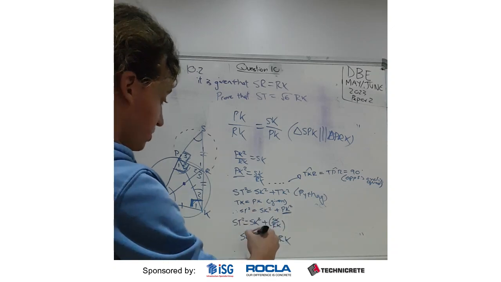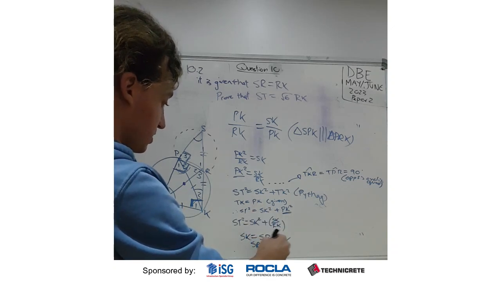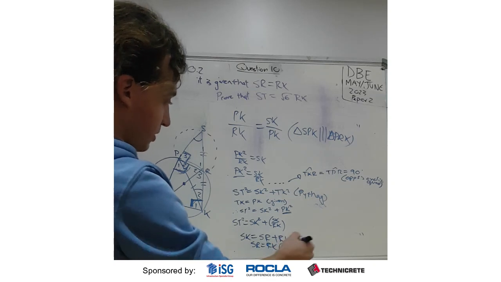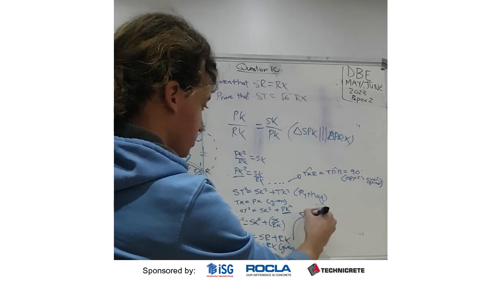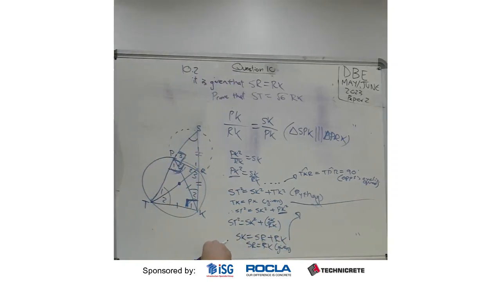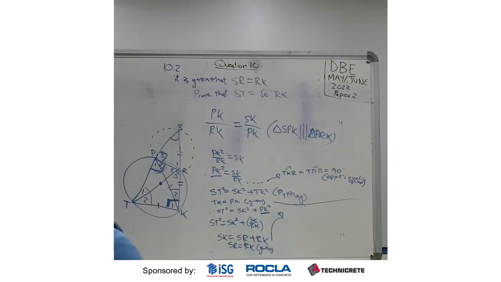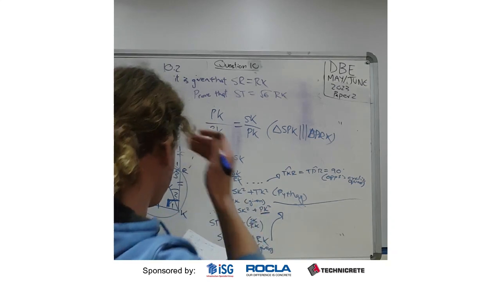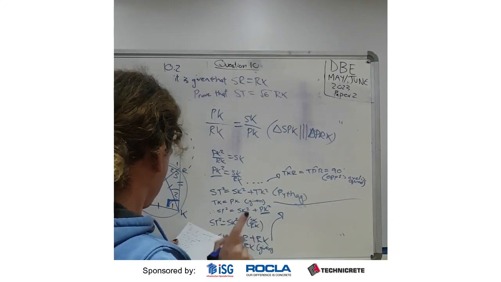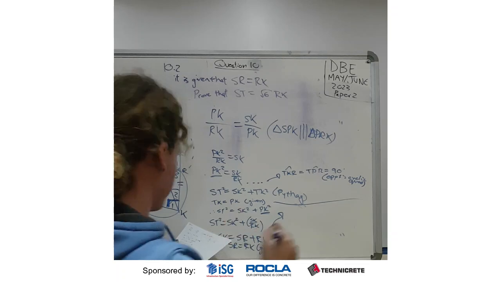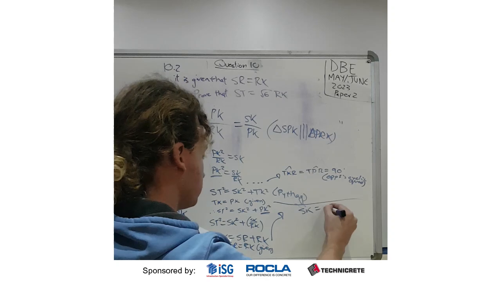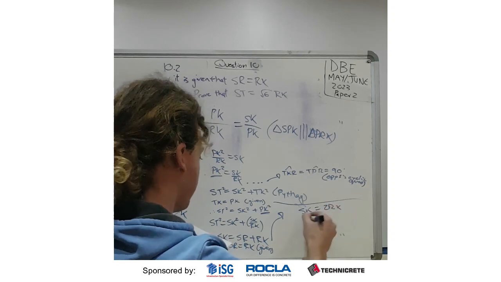And also we've been told that SR is equal to RK, that was given. So, I'll just draw a line here. Because of that, we can say the following. SK is equal to 2RK.